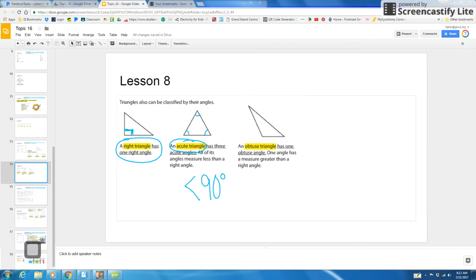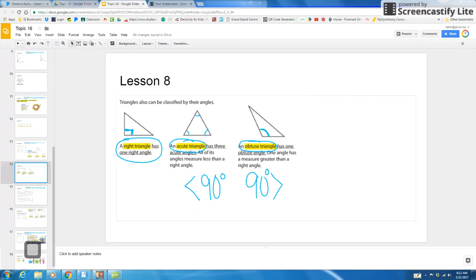Then we have our obtuse triangle. And obtuse, if you remember, means the angles are greater than 90 degrees. In an obtuse triangle, however, unlike the acute triangle where all three have to be less than 90, only one needs to be an obtuse angle.